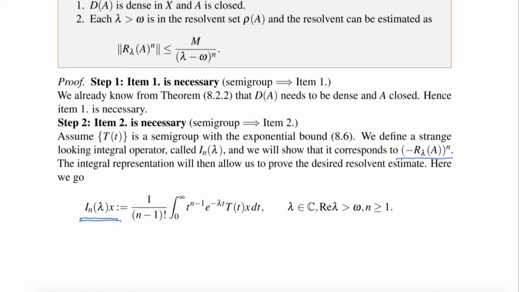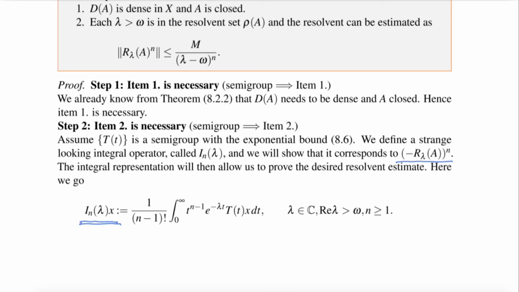So far it looks more like a gamma distribution applied to T(t). So it's 1 over (n minus 1) factorial, integral from 0 to infinity, t to the n minus 1, e to the minus lambda t, T(t) x dt. Okay, so far so strange. So what can we do with this I thing?